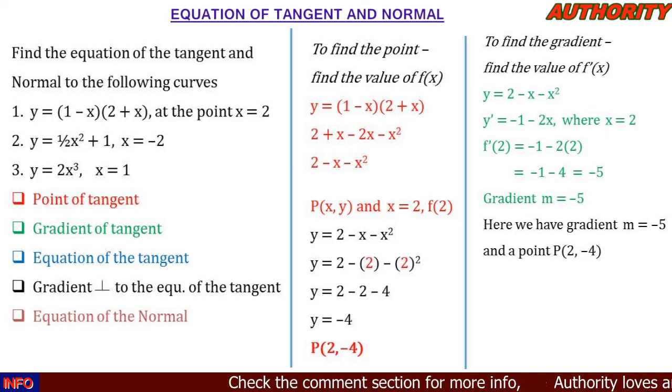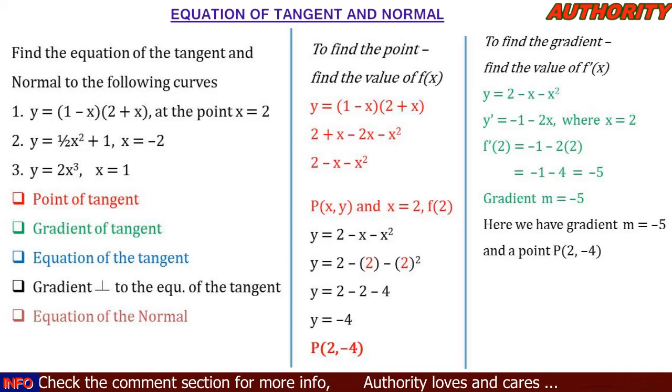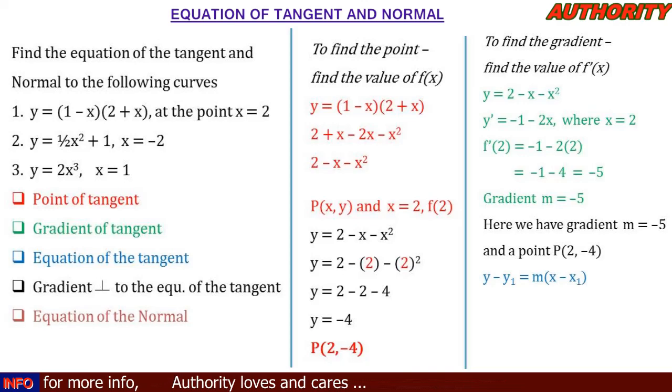So when you have a point and a gradient, what is the formula you are going to use? You are going to say that the equation of that line is y minus y1 equal to m times (x minus x1). Is that true? Yes.